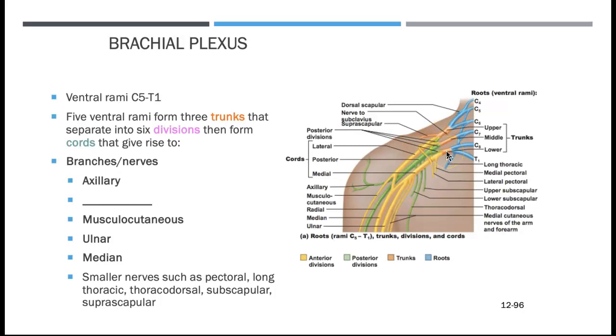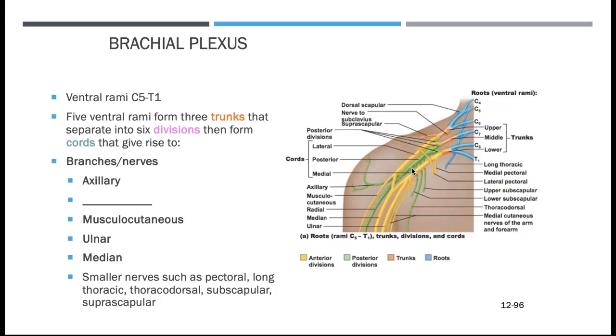Then we're going to separate it into 6 divisions. We have 3 that are anterior, and then 3 that are posterior back in here. And from there, we are going to create cords. So the cords would be your lateral cord, posterior cord, and medial cord. From there, we are going to have terminal branches.